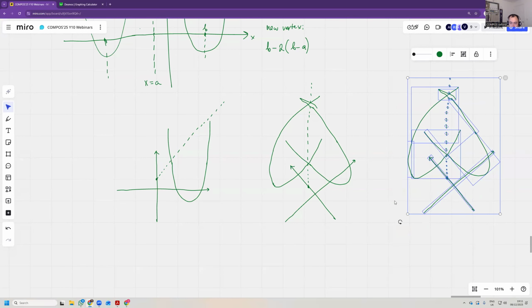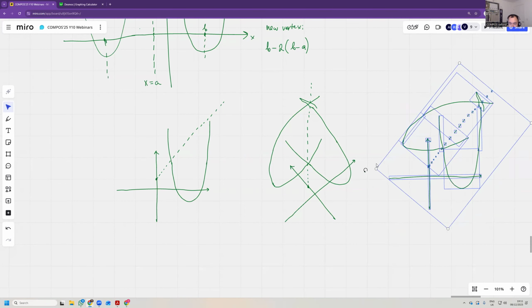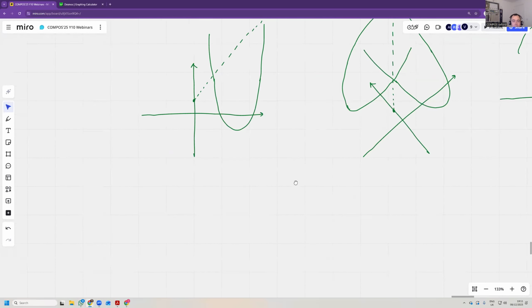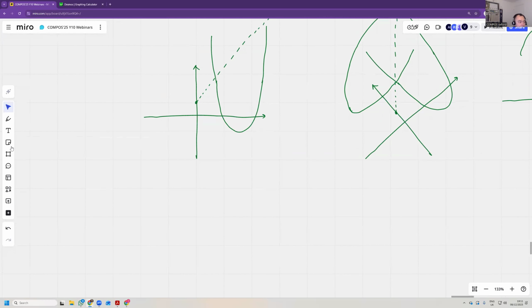And then a backwards rotation, then I rotate it back to the original. So first, if the coordinates of a point are A, B, then the new coordinates are A1, B1.